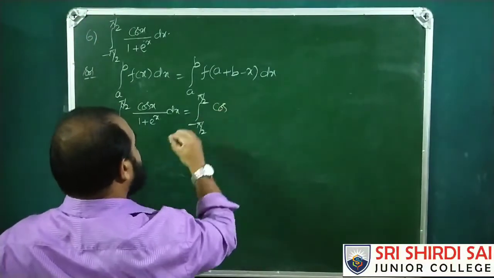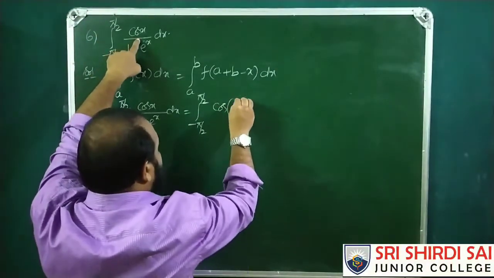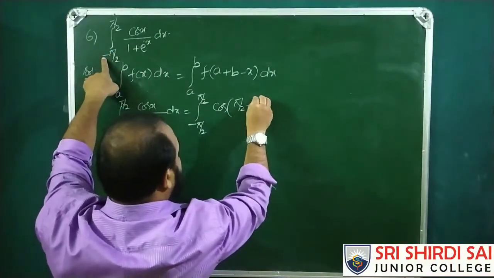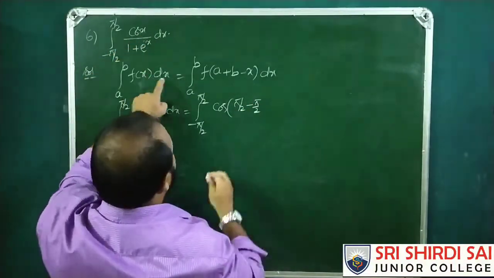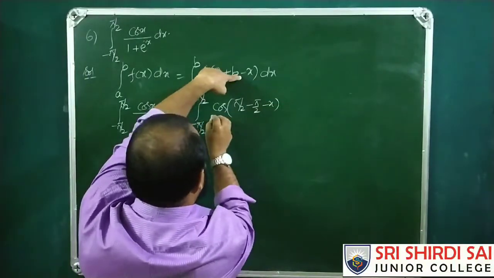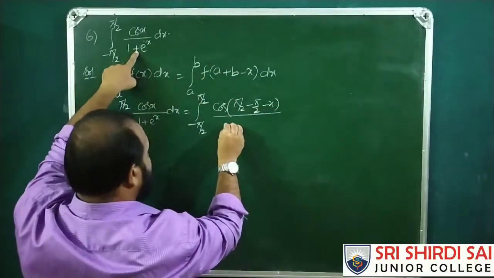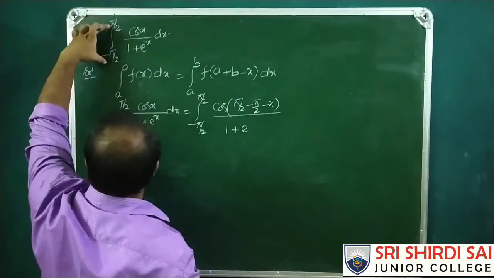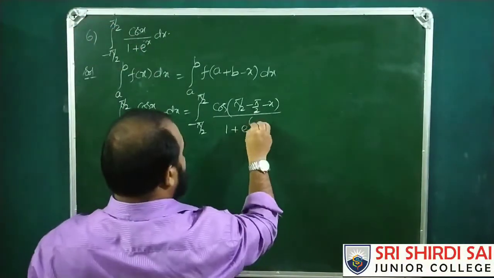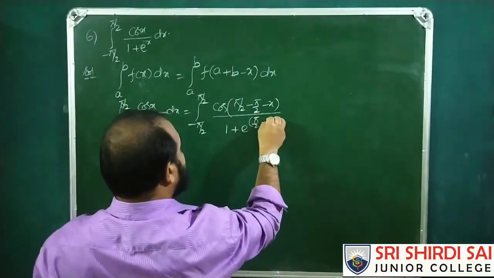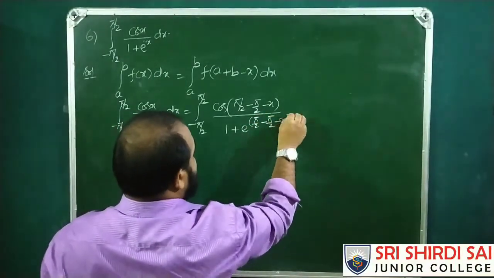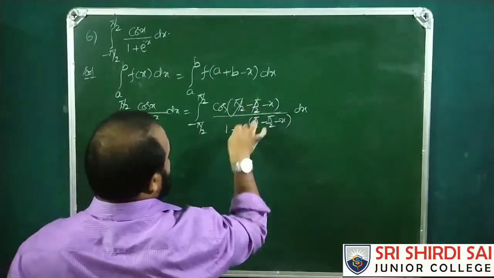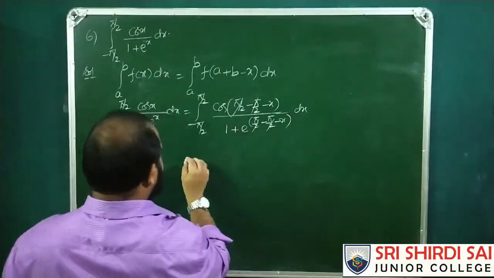So cos of (pi by 2 plus minus pi by 2 minus x) by 1 plus e power, in the place of x, upper limit plus lower limit minus x, so (pi by 2 minus pi by 2 minus x) dx. So pi by 2 gets cancelled, pi by 2 gets cancelled.